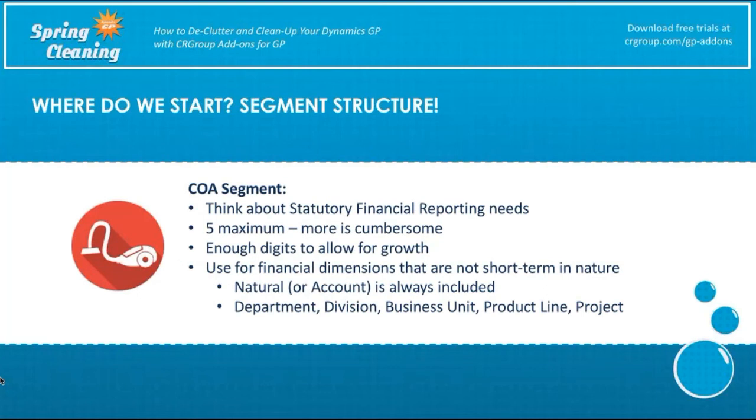But if we have things like a department structure, division, business unit, product lines, projects, then we would say they should sit in the COA segments as long as they will live for a long period of time, as long as they're not short-term in nature.